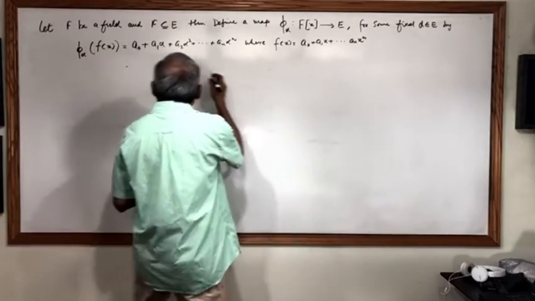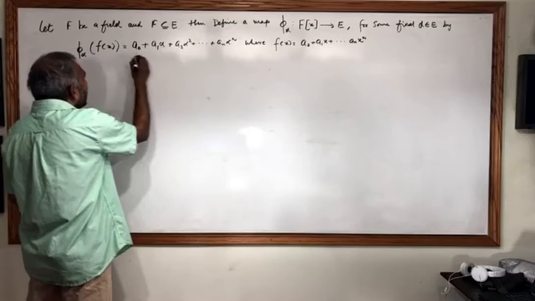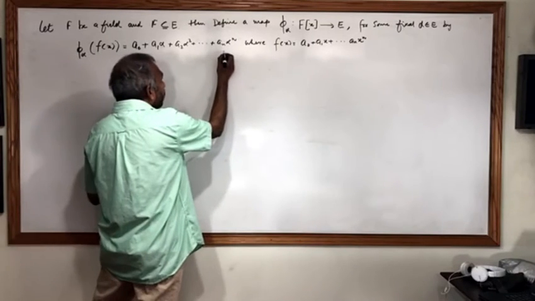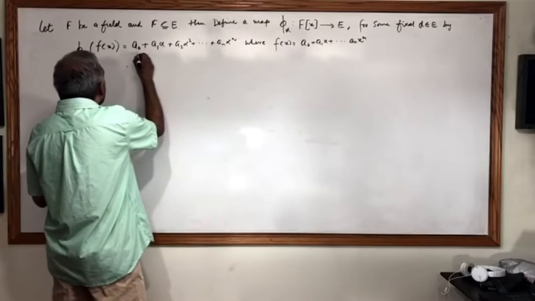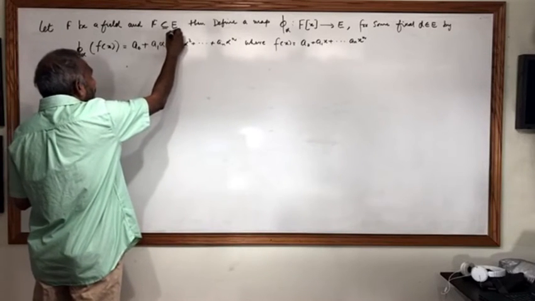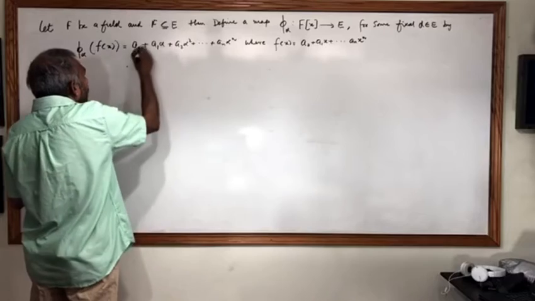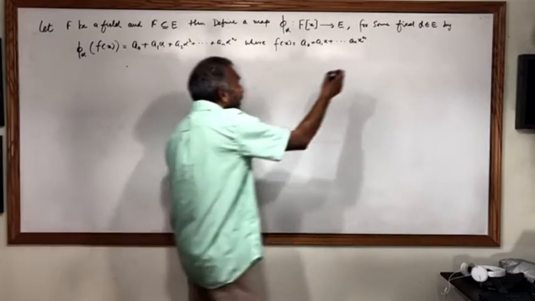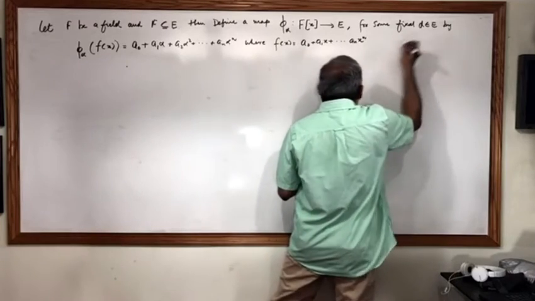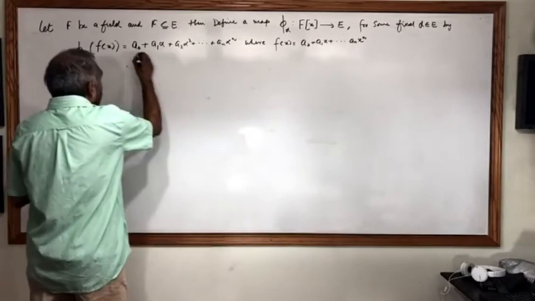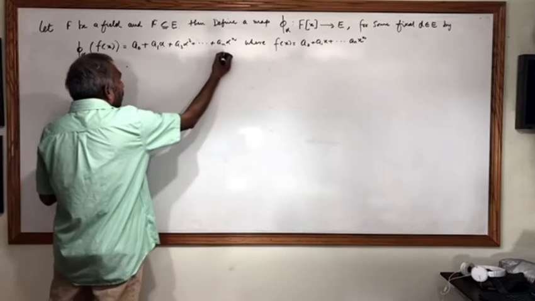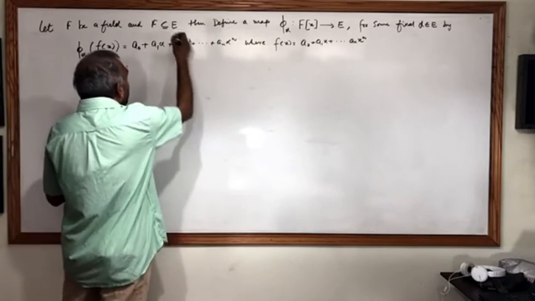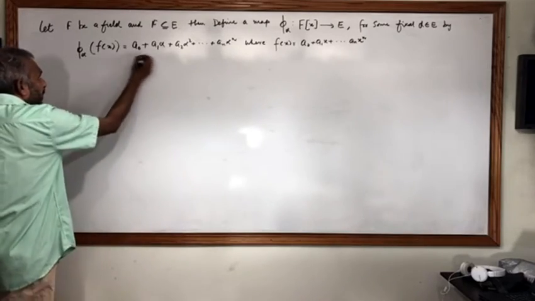This is a valid function because all the ai's belong to F, and because F is a subfield of E, all these ai's belong to E, and alpha is already an element of E. So this finite combination of sums definitely is going to be in E. So this is a valid function.